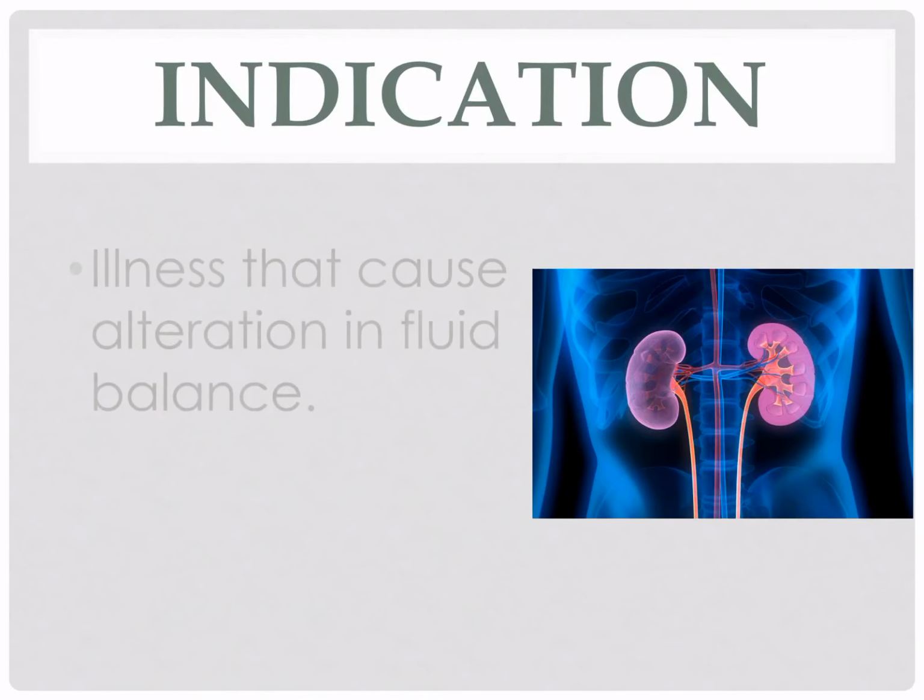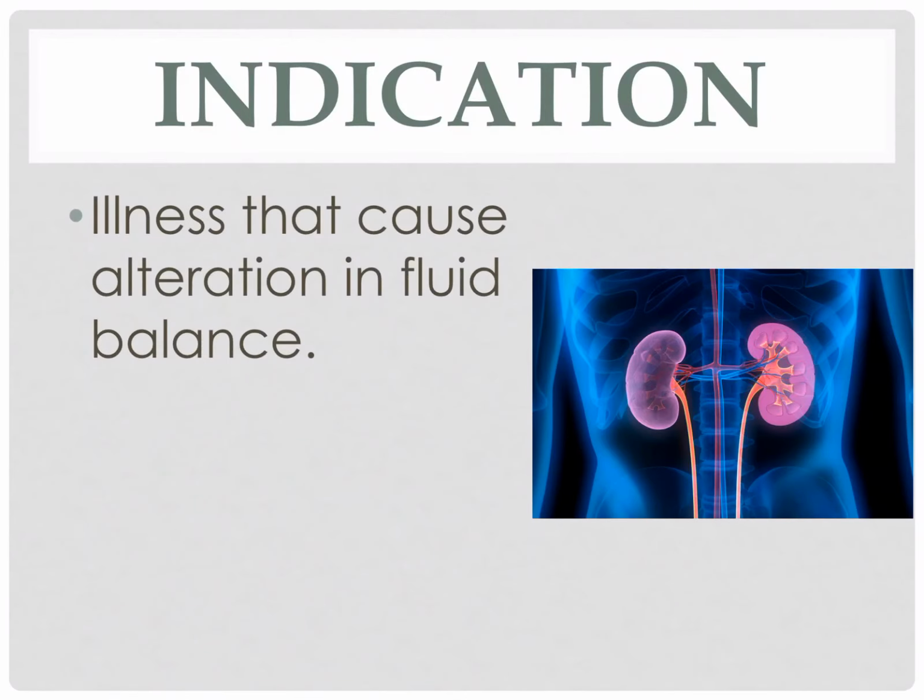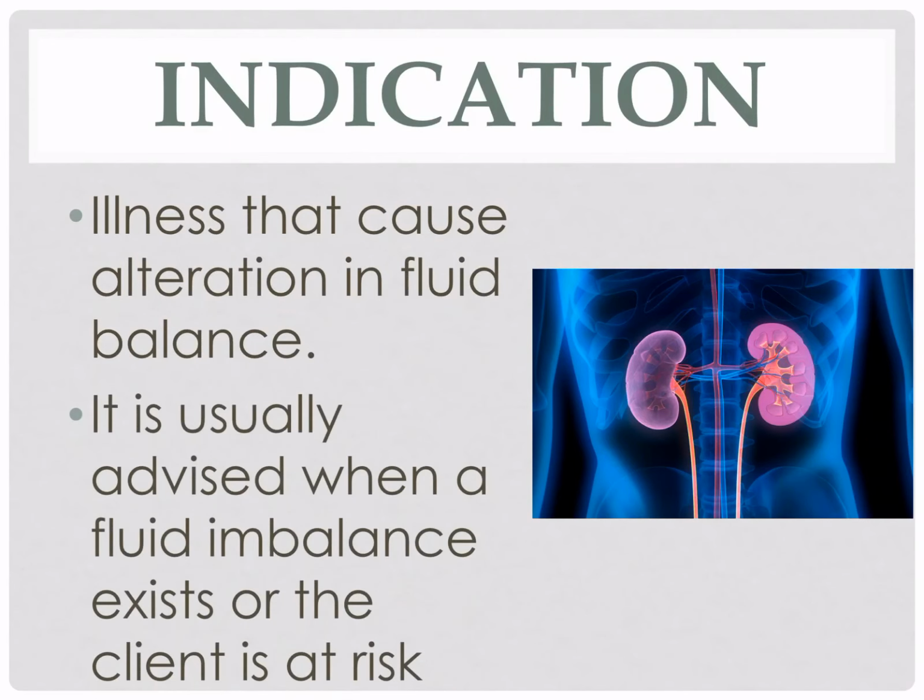We also have indicators. What are the indicators? We measure the intake and output of patients who are ill, which causes alteration in their fluid balance. It is usually advised when a fluid imbalance exists or the client is at risk.